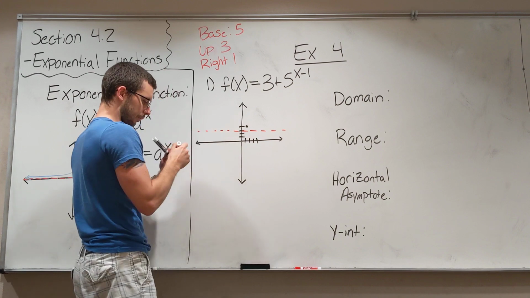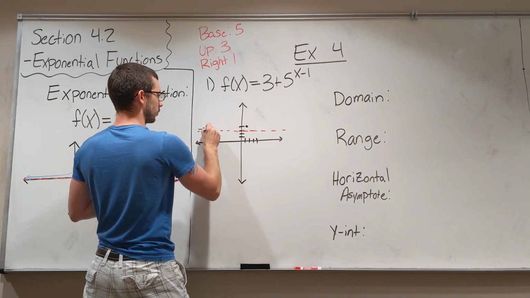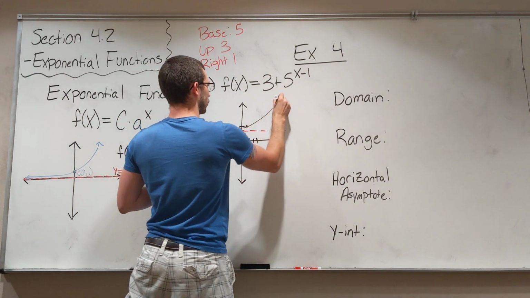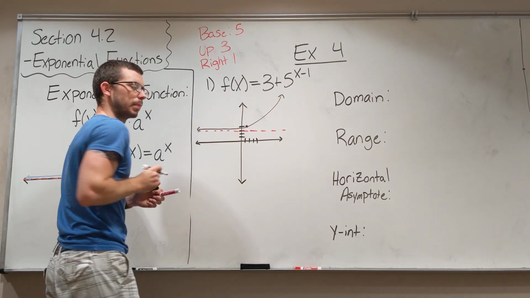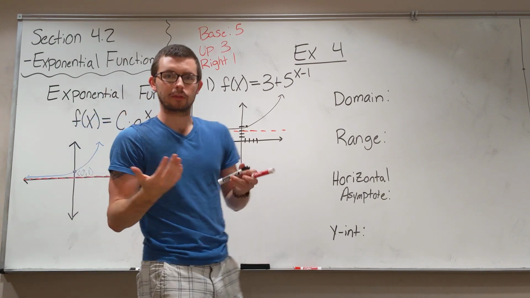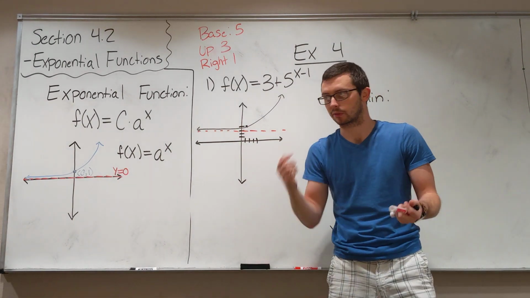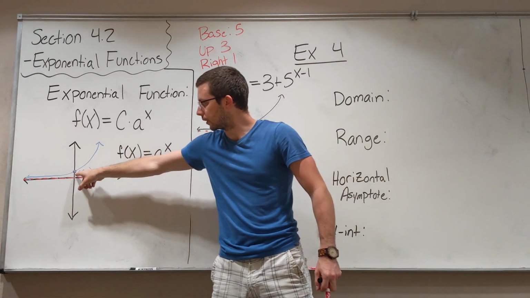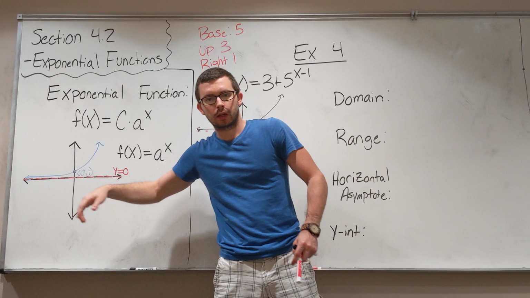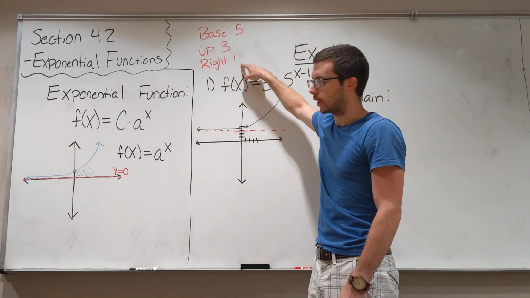Your graph should look something like what I'm about to draw out now, once you're done. It should look a lot like this. Notice the shape is the same because there are no reflections. And also that point, 0, 1, gets shifted up 3 and to the right 1.